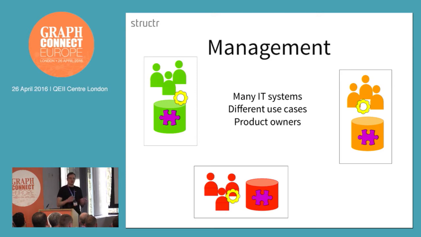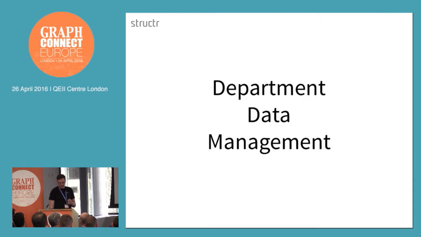And then you have product owners, who are guarding their data and their applications and their processes. You have different user groups, which are not necessarily overlapping very much, but of course you have overlaps in this landscape. So this is not really enterprise data management. This is more or less department data management, I would call it. This is mainly a problem in many companies.